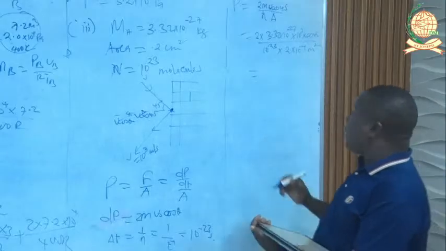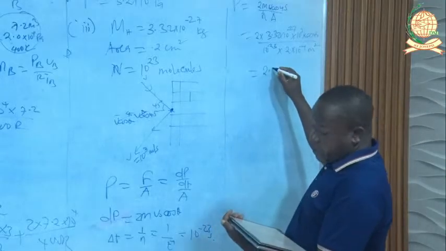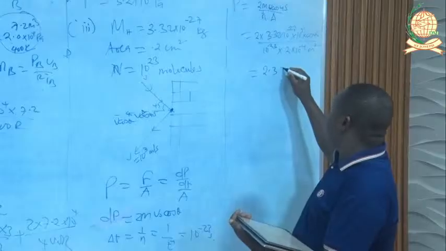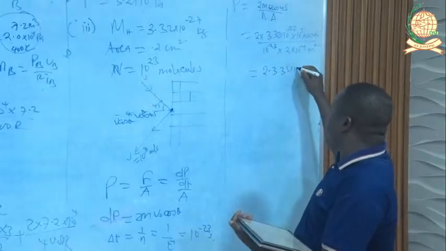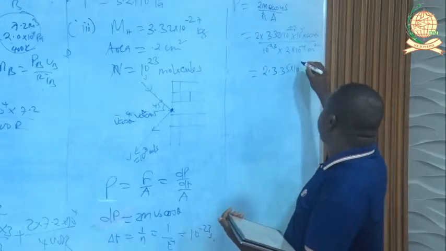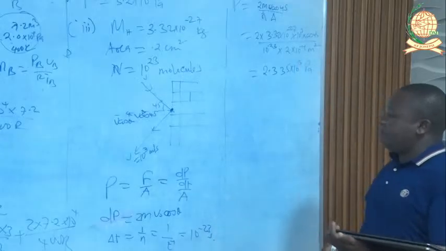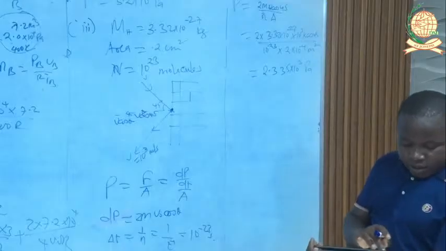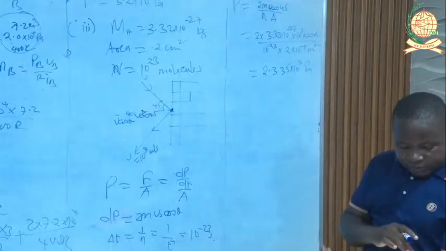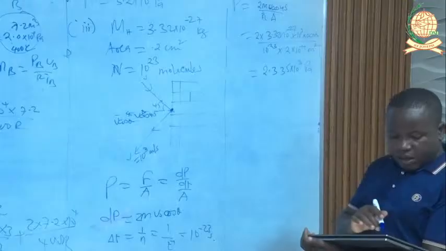On substituting, you get the pressure as 2.335 times 10 exponent 3 Pascal or Newton per meter square. The other question is Roman 4.